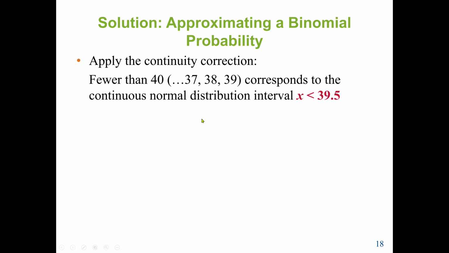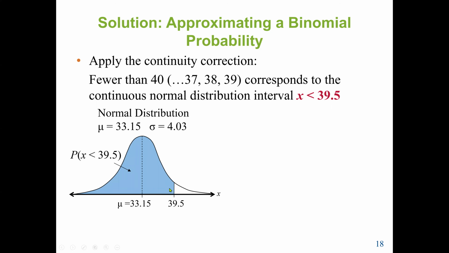Since we are at 40, the shaded area will be 39.5 to 40.5. Subtract 0.5 to the left, add 0.5 to the right. So this is where we have our 39.5. Now we go to the table, and first we find a Z value. When we find a Z value, we go to the table. The value we get in the table for P will be from the left up to this value, and that will be our answer because it's less than 39.5.